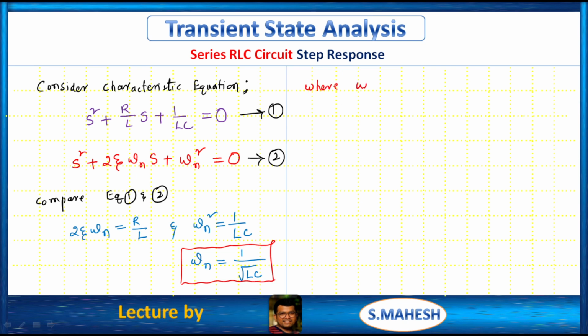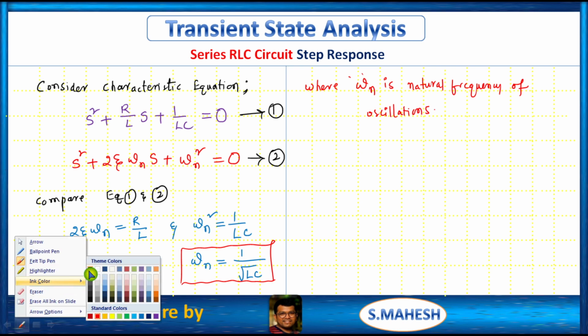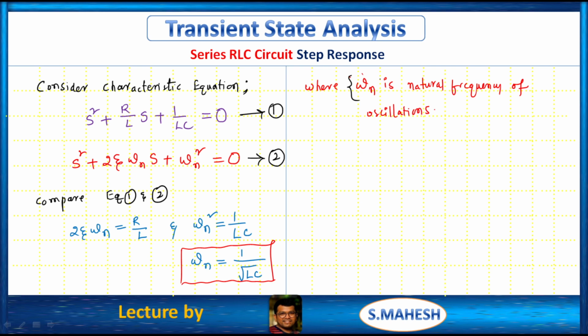Where omega n is the natural frequency of oscillation, which is the resonant frequency under resonance.